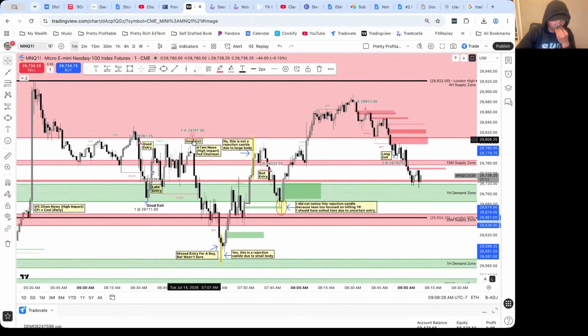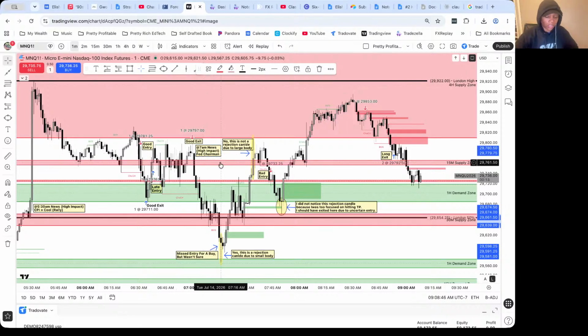And I entered at the top, literally right before, like I exited right when the Fed chairman news was announced or started. There shouldn't be any trades being taken during that time.